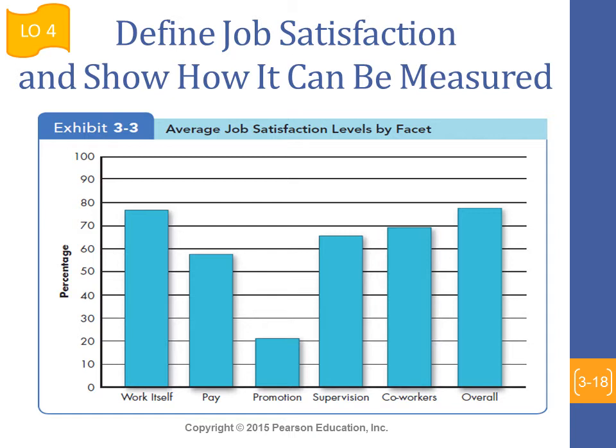Most of the people are overall happy and content with their job. Saying this, people are very unhappy with their promotion scope, to some extent with their supervision, and definitely in many cases with their payment or compensation package.